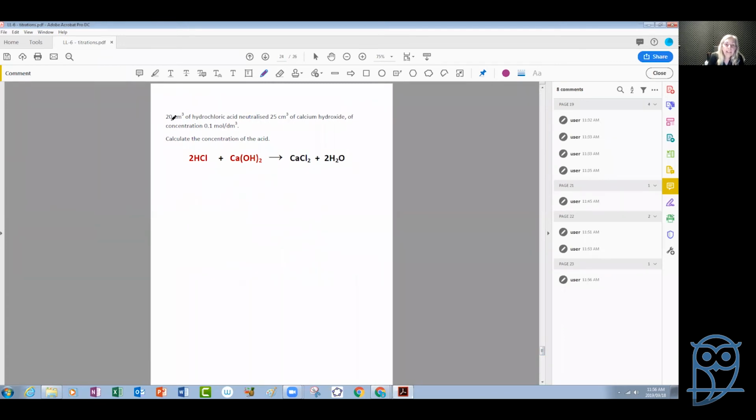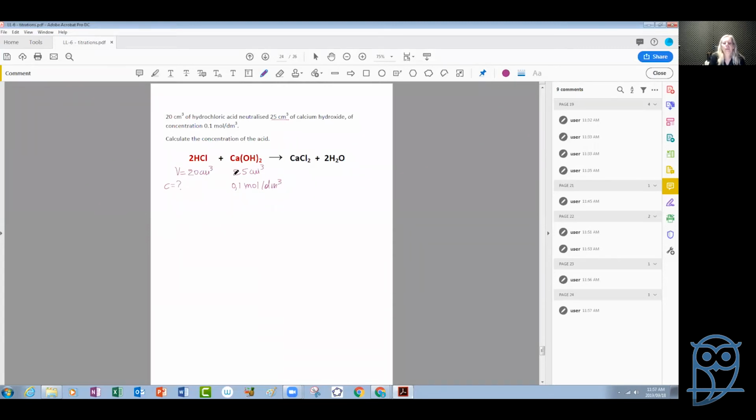Same thing again. 20 cubic centimeters of hydrochloric acid. So the volume of the hydrochloric acid is 20 cubic centimeters. It neutralizes 25 cubic centimeters of the base, calcium hydroxide, of concentration 0,1 moles per cubic decimeter. The standard solution. Calculate the concentration of the acid.